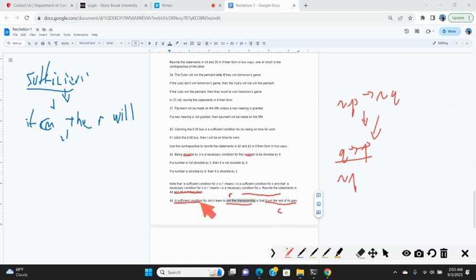So this is a sufficient condition, which means that we can directly write if the condition, then the result will happen. Therefore, we can solve this as: if the team wins the rest of its games, the team will win the championship at the end.